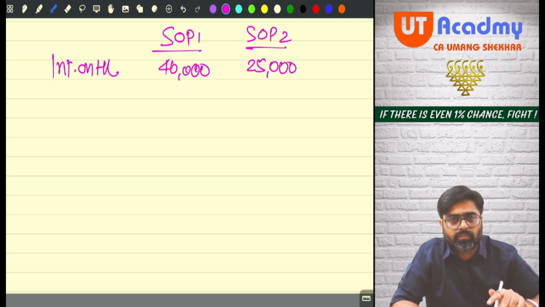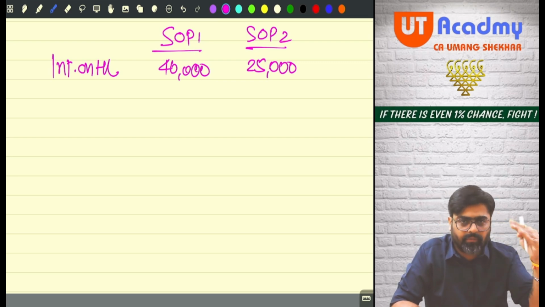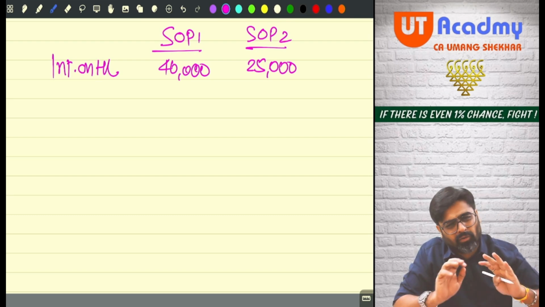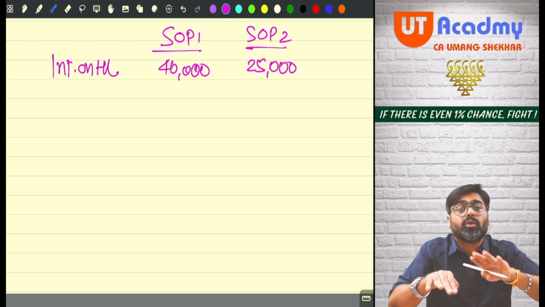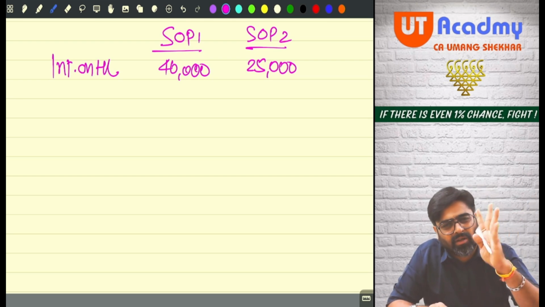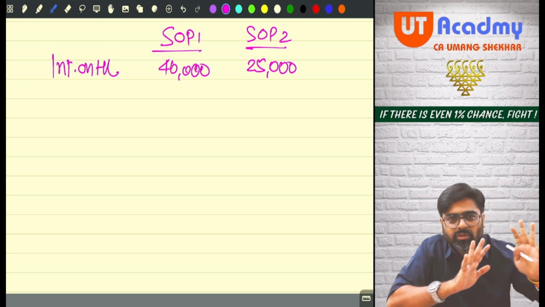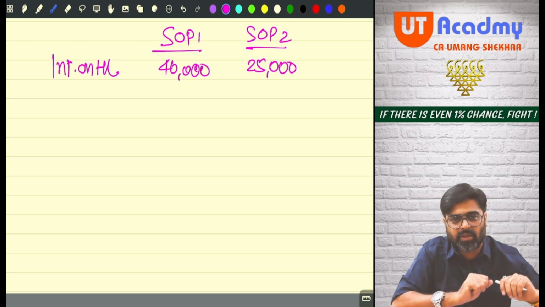Let us assume that for both these SOPs, the housing loan taken was not a special housing loan, it was a normal housing loan. So how much interest can you claim out of this? To the extent of maximum 2 lakh or only 30,000? Only 30,000, because the loan was not a special loan.